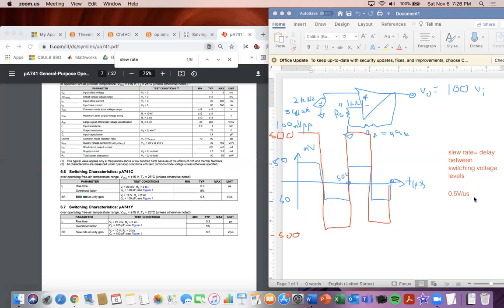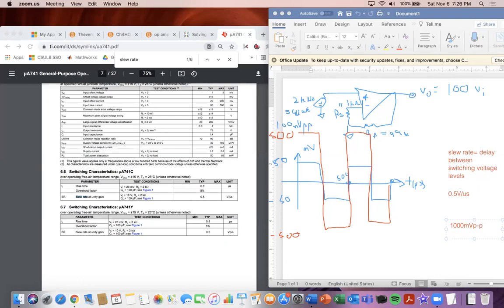So our slew rate, if we look at this, the voltage per microsecond, what we have right here is going to be 1,000 millivolts peak to peak for our output wave because it's 500 millivolts each way.